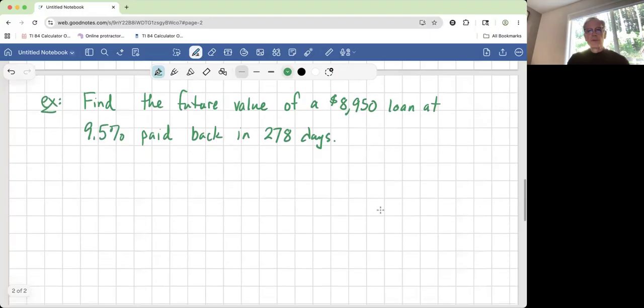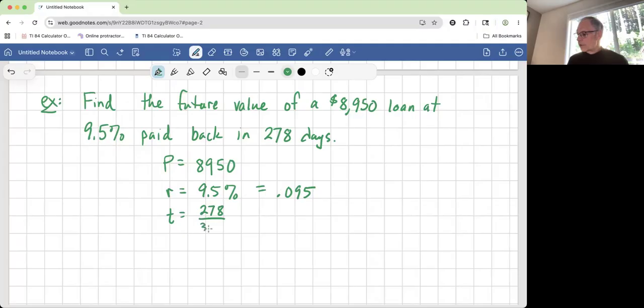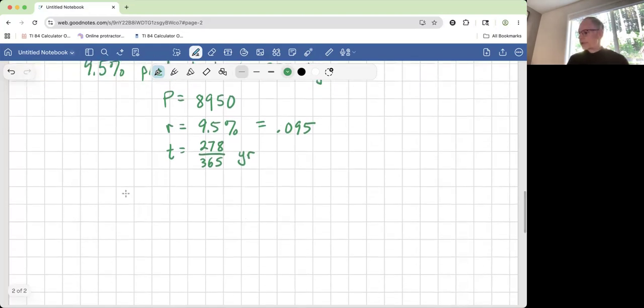All right, let's write down what we know. So we know our present value is $8,950. My interest rate is 9.5%, which transfers over to 0.095. And my time is going to be 278 365ths of a year. All righty. So I'm going to write down the formula, plug in what I know, and then calculate what I don't know.